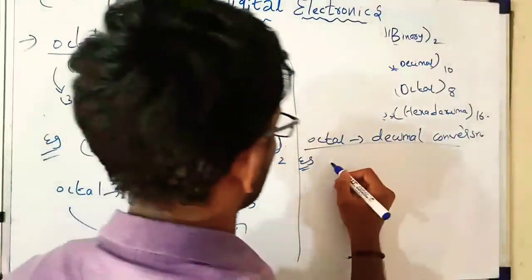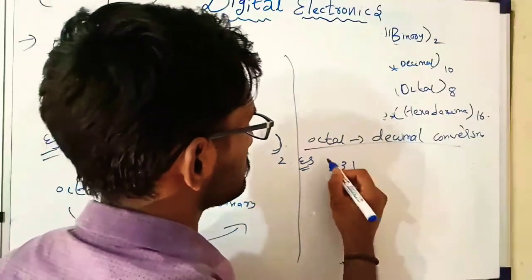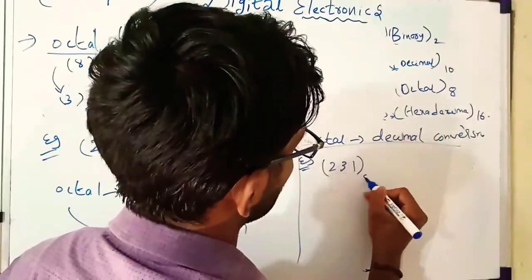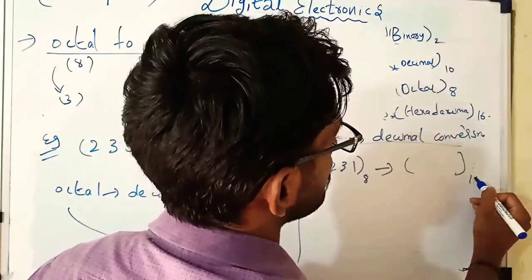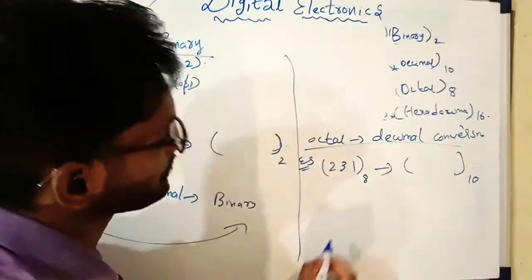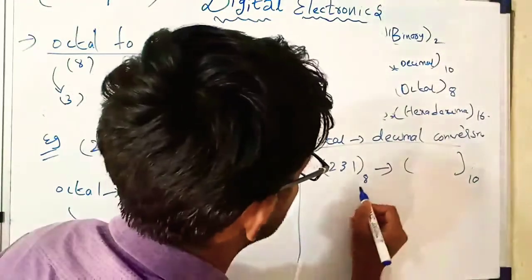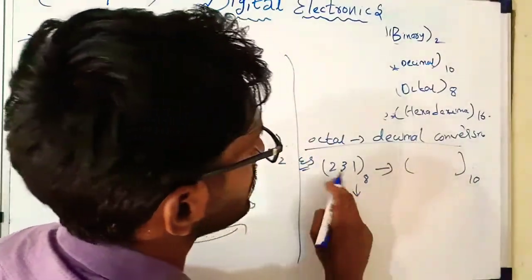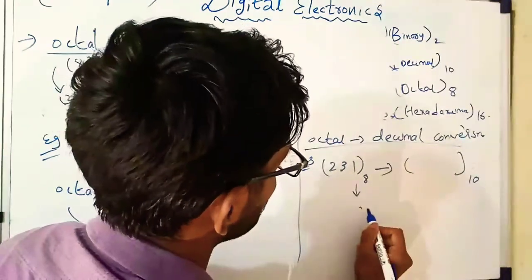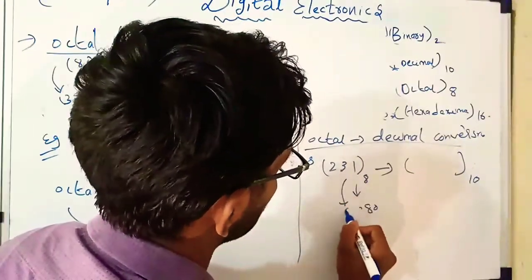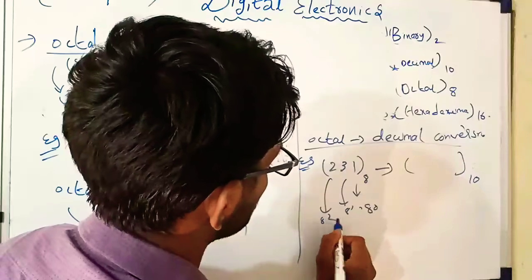Take an example of 231 in octal to decimal. For binary to decimal, we have done it with powers of 2. Here for octal, this is 8 power 0, 8 power 1, 8 square.